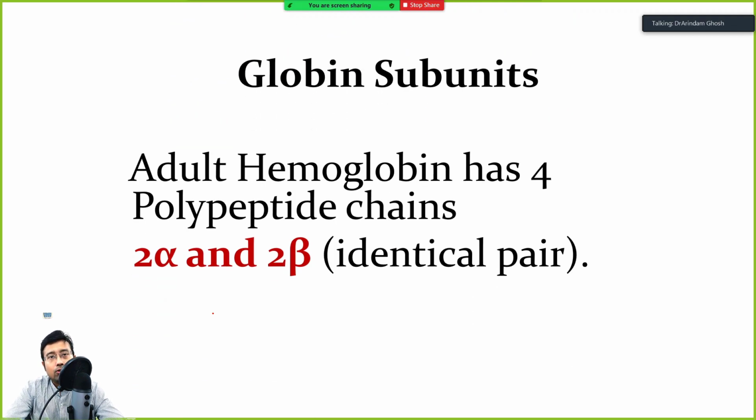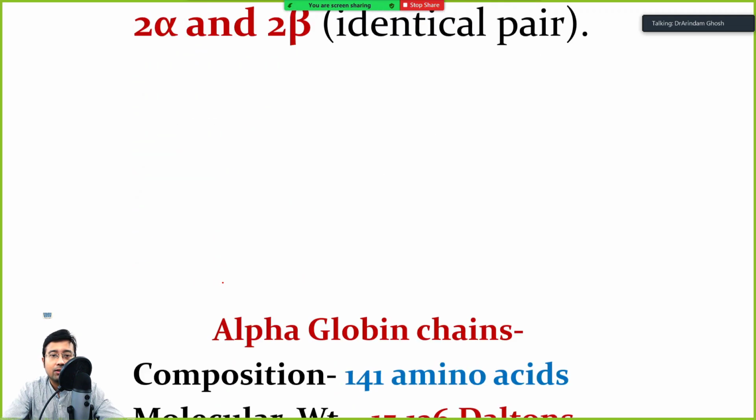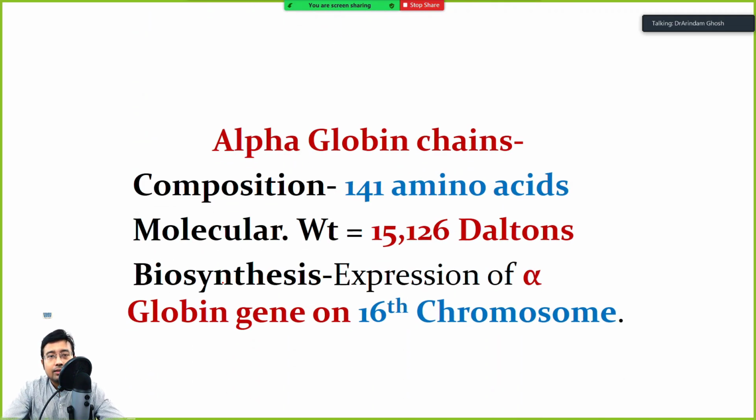We already know many things, so I'll be recapping what we discussed in the previous day's class, and maybe this whole class will go in recapping only. Adult hemoglobin has 4 polypeptide chains, 2 alpha and 2 beta, an identical pair. This is important only for MCQ purposes. You don't need to remember the exact weight, but what you should remember is that the alpha globin gene is on the 16th chromosome.